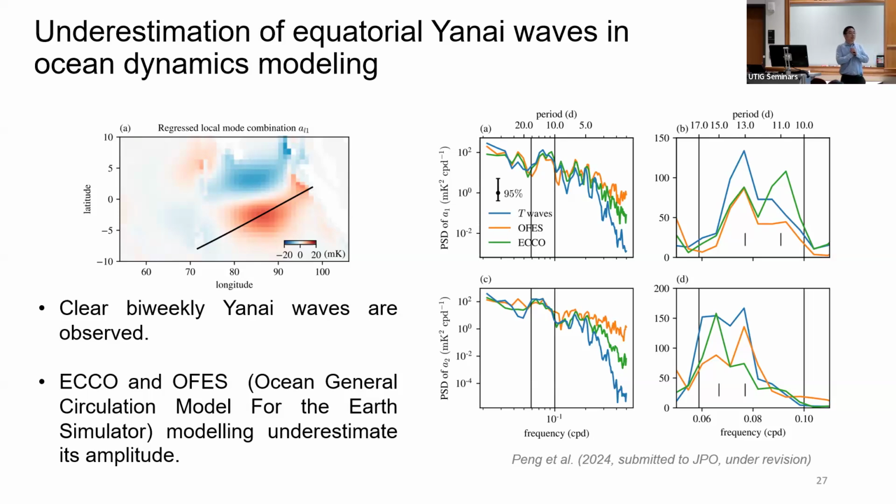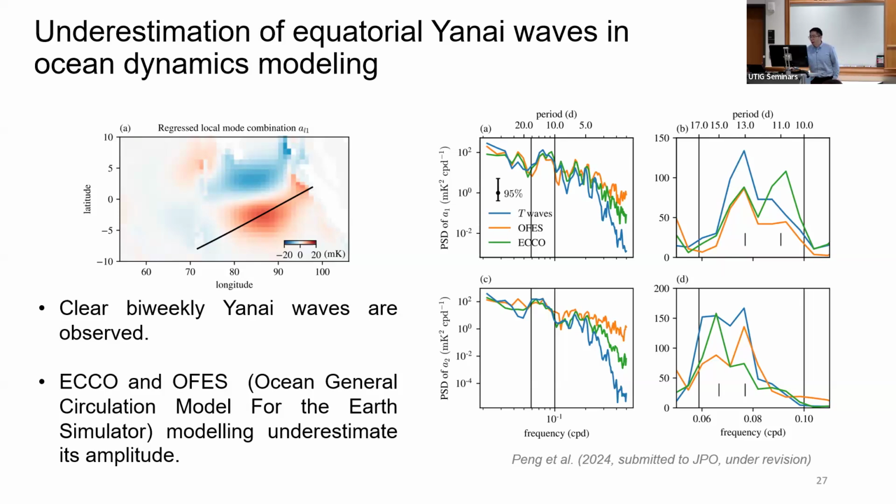However, they used different boundary conditions and model parameterizations, so their results would be different. We zoom in on this frequency range and plot it on the right here, and you can see both Echo and Orpheus underestimate the amplitude of the Yanai waves.